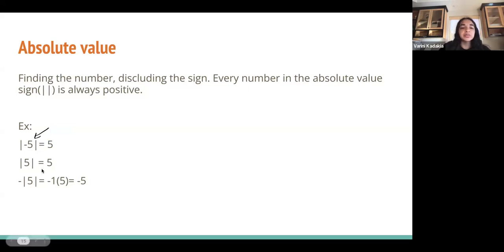If we put 5 in the absolute value, it will give us 5. However, if we do negative absolute value of 5, it's actually going to give us -5, because this represents -1 times 5, which is -5. Does that make sense to everyone?